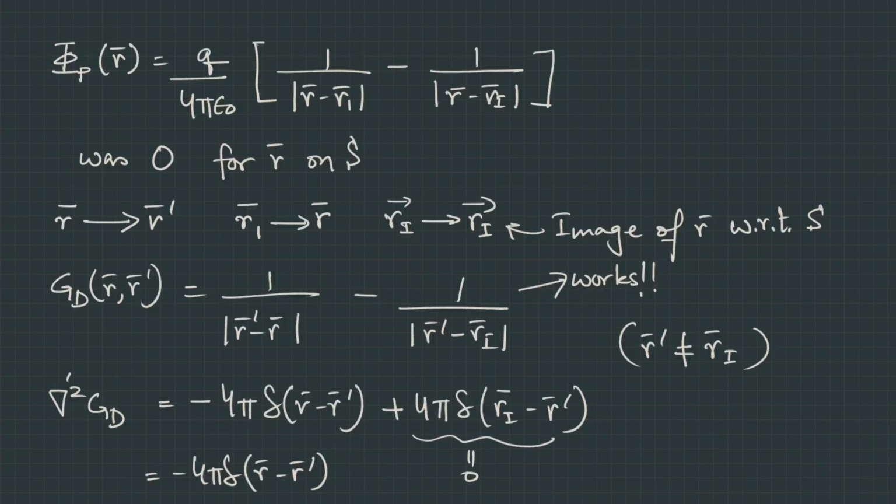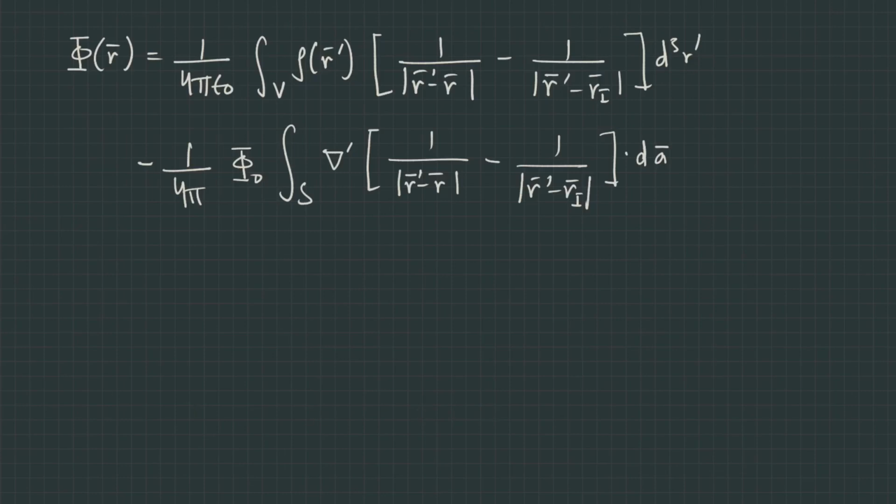So, we get the final answer by substituting this Green's function in our potential, and we have now one may further simplify this gradient by using the result for the gradient of the inverse distance function, and depending on what our charge density is, we can solve these integrals.